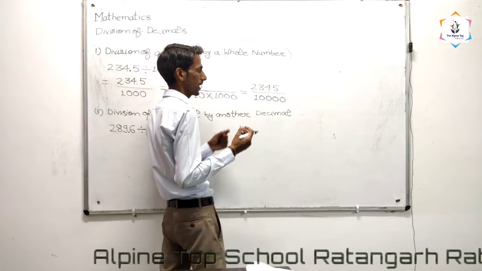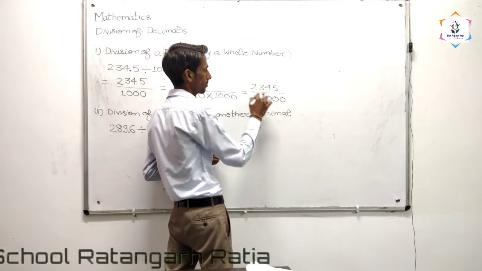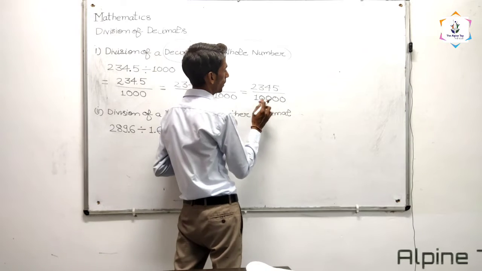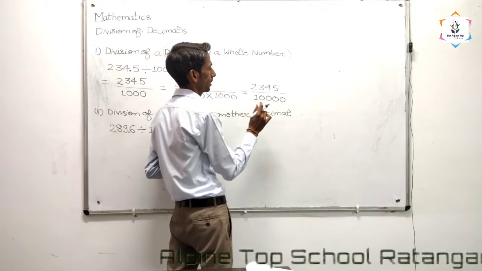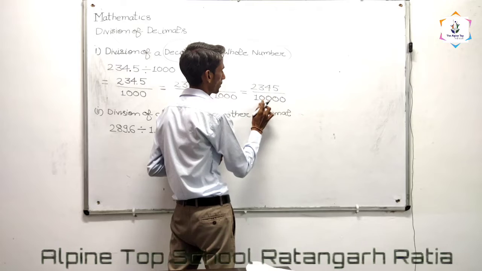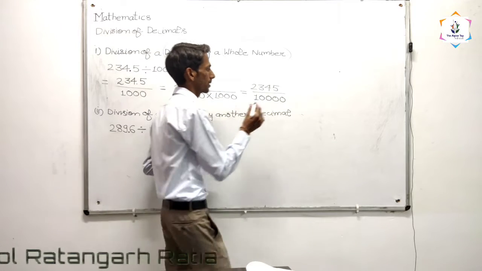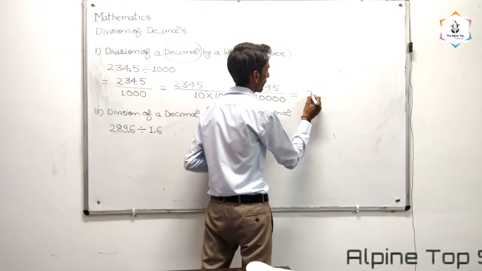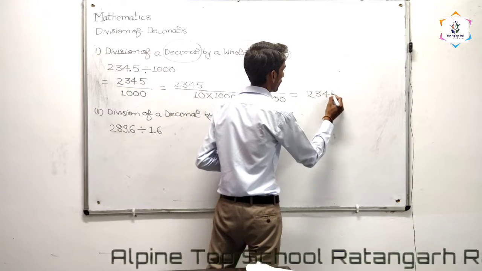For this purpose we have to use the concept of how to convert a decimal fraction into decimal form. For this purpose we have to check the location and the place of 1: 1, 2, 3, 4, 5. It means 1 is located at the 5th place. Now we have to write the upper number as it is, 2345.